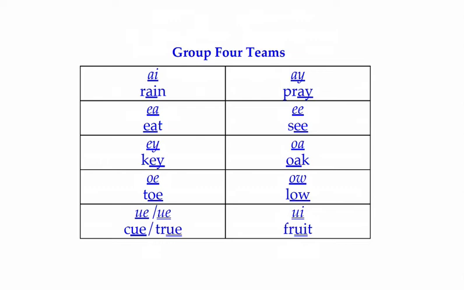When UE represents its second long sound of U, you double underline UE. And then finally, UI always represents the sound oo, which is the second long sound of U. So whenever you encounter UI, which is not very often, but when you do, you double underline it because it will always represent the sound oo.